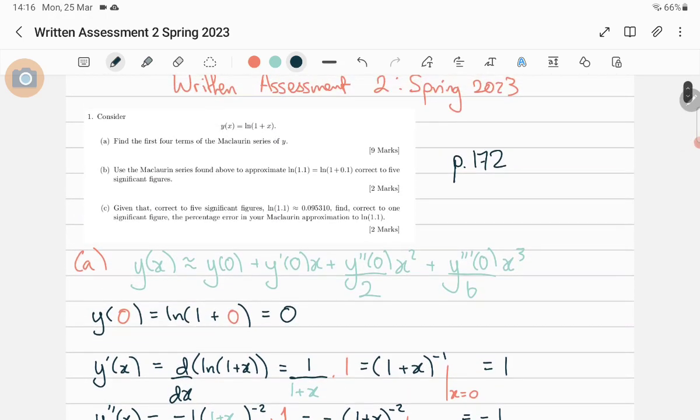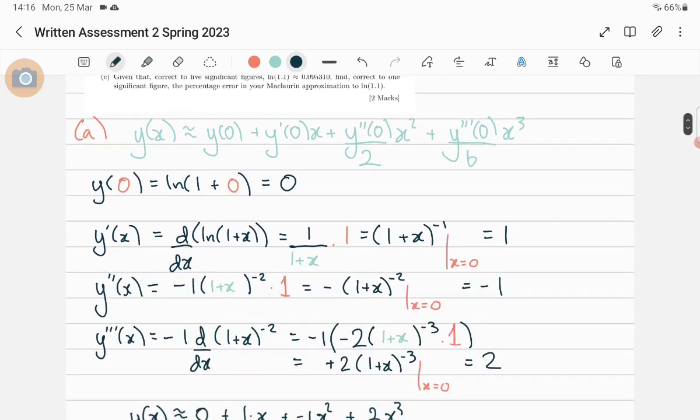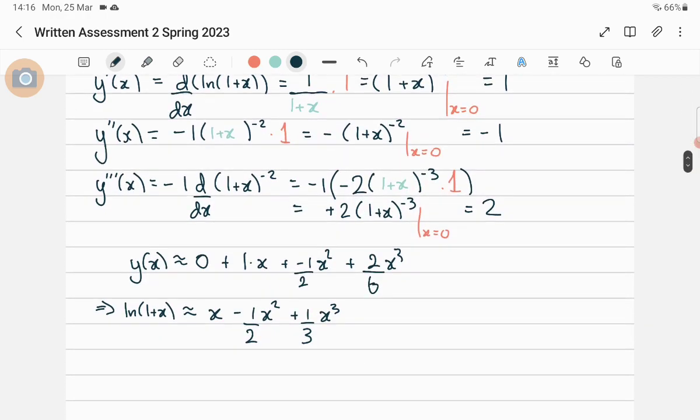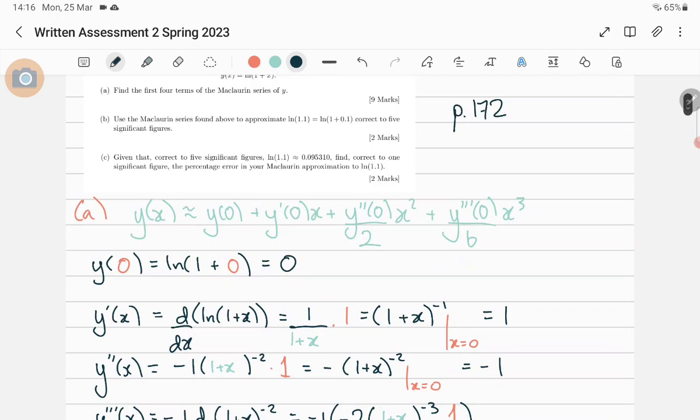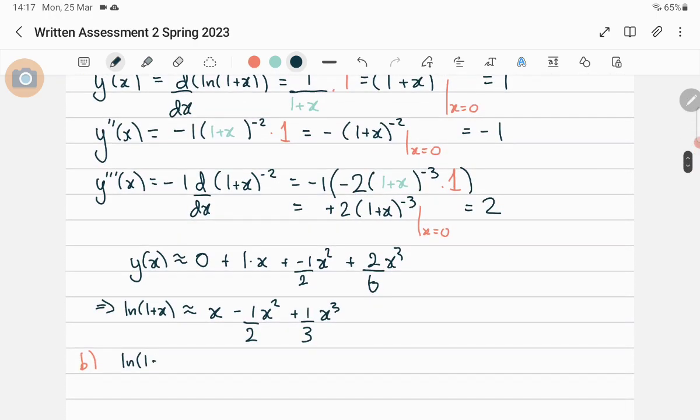Okay, very good. Now it says use this to approximate log of 1 plus 0.1. In other words, put x equal to 0.1 into this. So we're talking log of 1.1, which is equal to log of 1 plus 0.1.